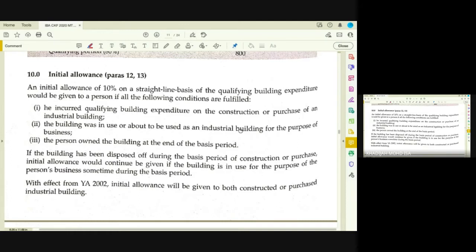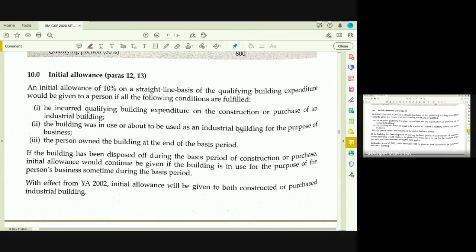Used means that once it's completed, it's immediately used as an industrial building. But about to be used, maybe it's completed in 2019, but we only use the building for IB in 2021. So it's about to be used, so it's not far away. If you have that, then you can claim initial allowance on the building.